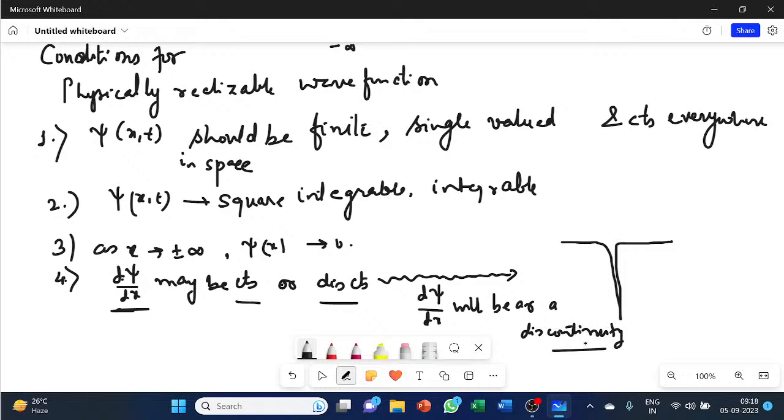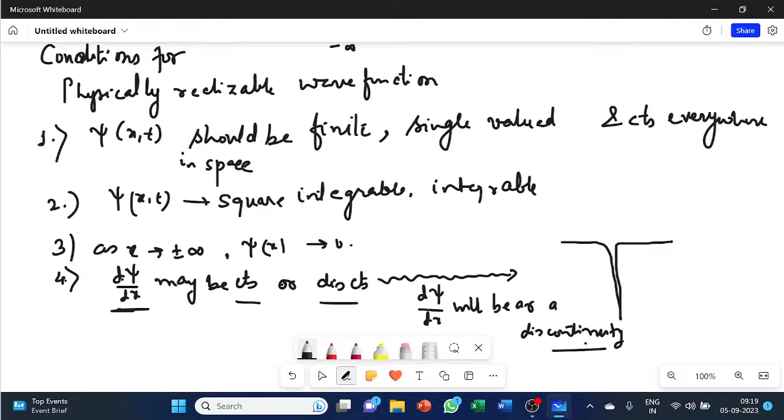So if your particle encounters an attractive Dirac delta potential, or in general a Dirac delta potential, then your d psi by dx will bear a discontinuity. This is one thing that I wanted to lay more stress on.